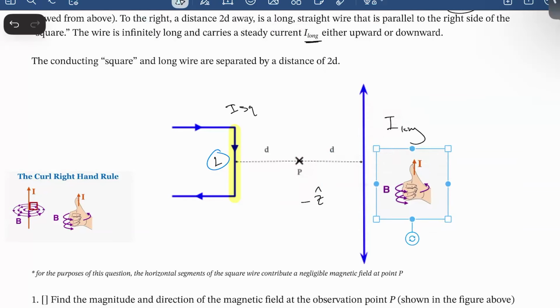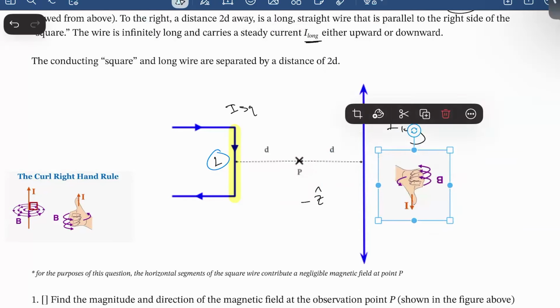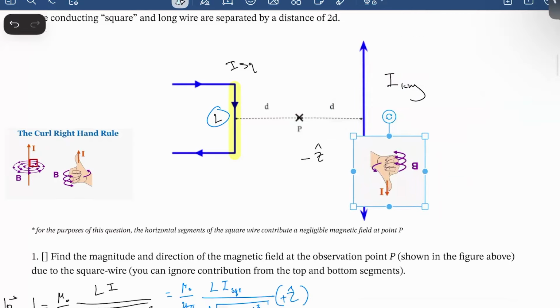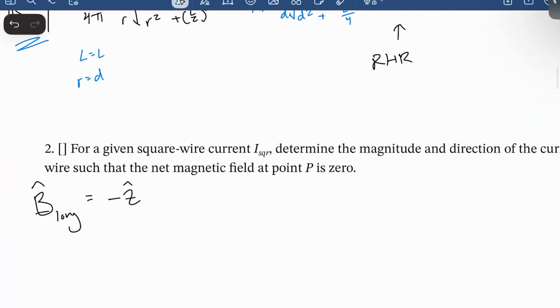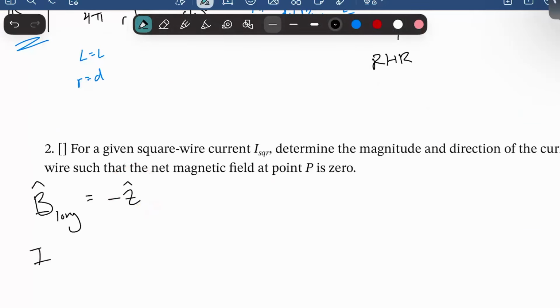So here we want our fingers to point down, negative y, so the current is flowing in the negative y direction.